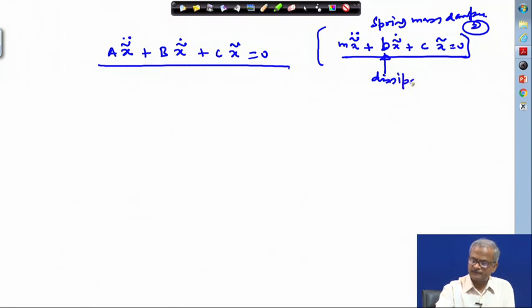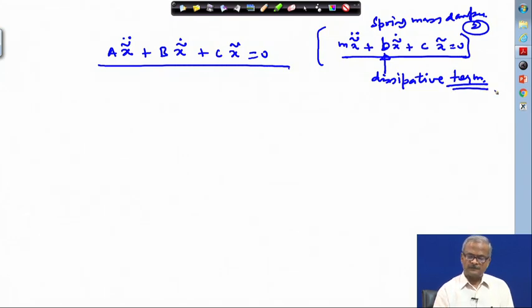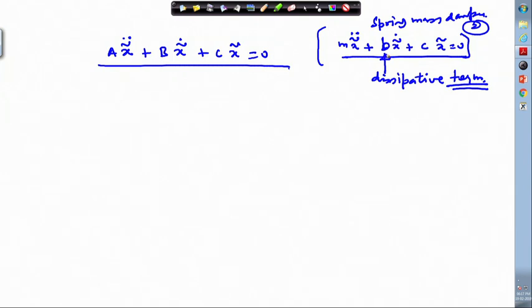Okay. Because of this the system will continuously lose its energy, because it is a dissipative term. Just like in the spring mass system, you have a mass hanging over, and this is the mass. For this you can write this equation, this is the k, the spring constant, and the damping coefficient we can write as B here.